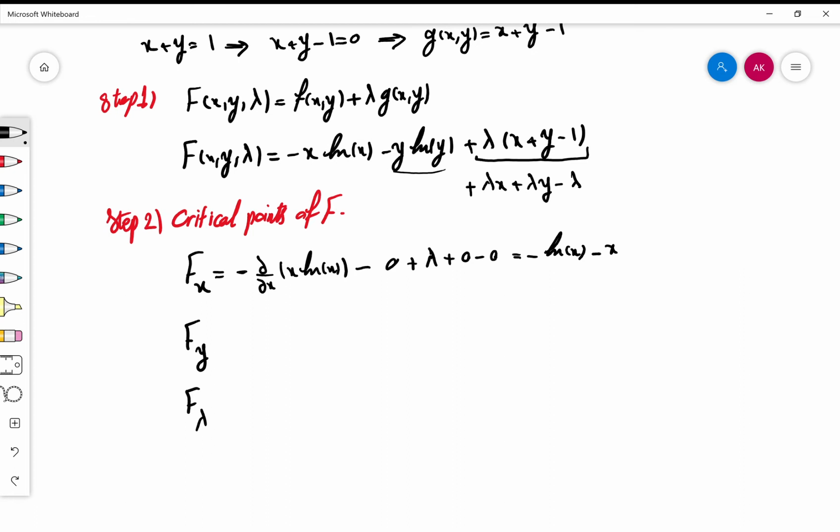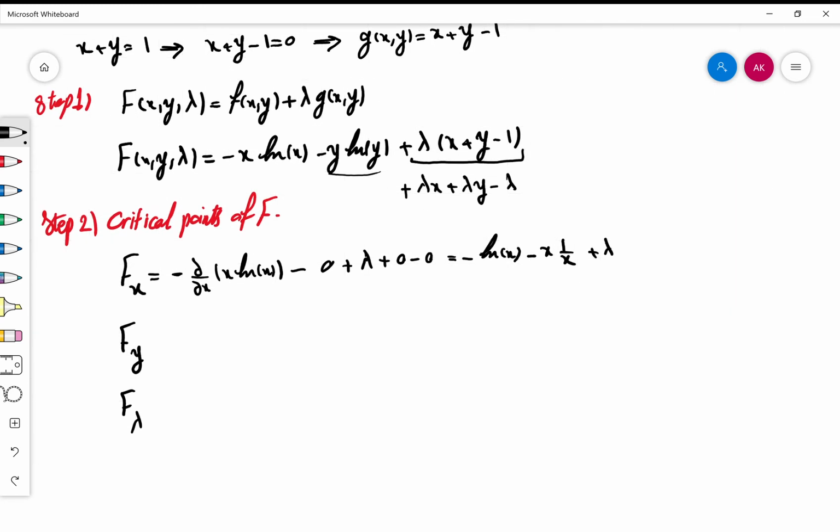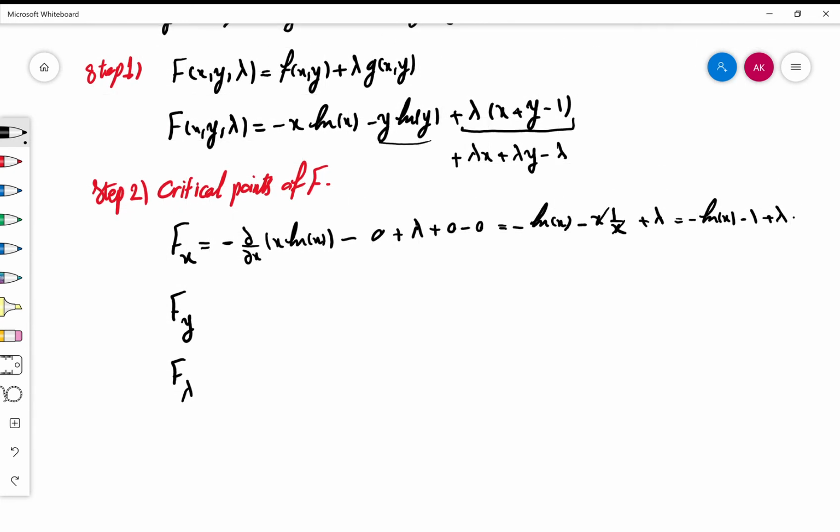The derivative of ln x is 1 over x, plus lambda. This cancels with that, and then we get minus ln x minus 1 plus lambda. So that is the partial derivative with respect to x.